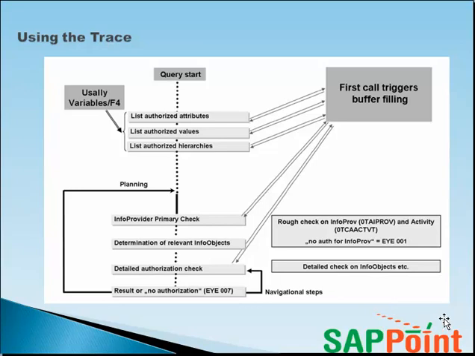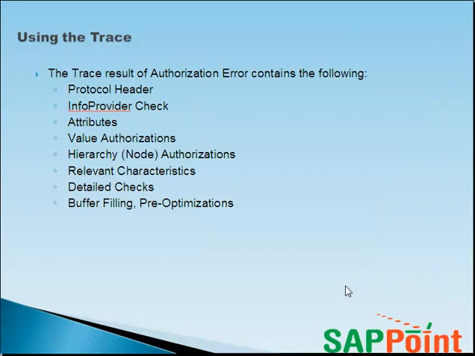Now, when the log is generated by RSecAdmin, the result would contain the following information. It would have something called a protocol header, because this result is generated in the database in an XML based format, but when it gets displayed, it gets displayed in a readable form as an HTML page.